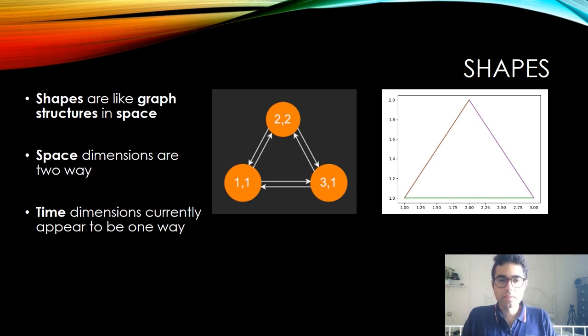The images depict a triangle. The image on the left depicts a possible two-way communication between each node in the triangle.